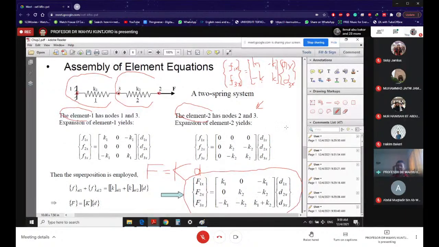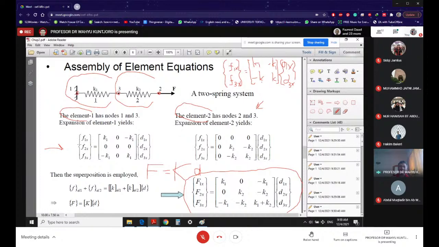As the final structural equation is 3 by 3, you need to expand the element equation from 2 by 2 like this into a 3 by 3 like what we have over here. So let's see element number 1. This is F1, F3, D1, D3. Actually, there is no node number 2. Element number 1 doesn't have node number 2.